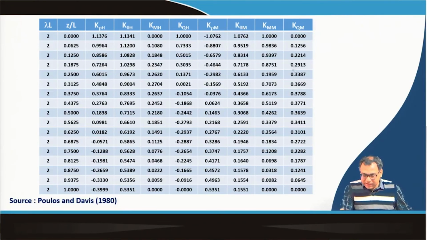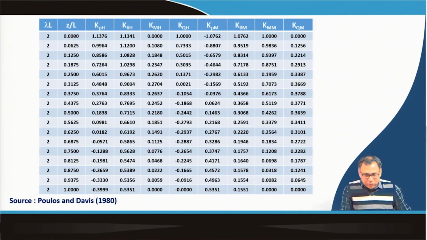These values are given for different lambda L or z by L. So, you have to calculate lambda and L, and then for different z. L is the length of the pile and z is at any depth. So, at any point you will get these coefficients, and if you put these coefficients in the equations, then you will get the deflection, slope, bending moment and shear force.